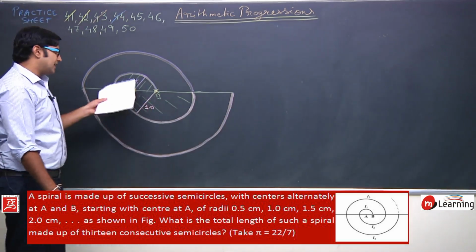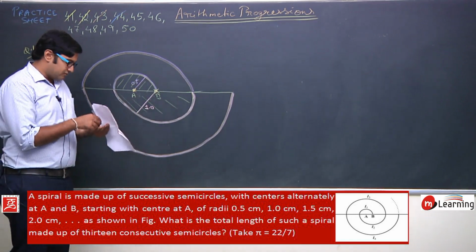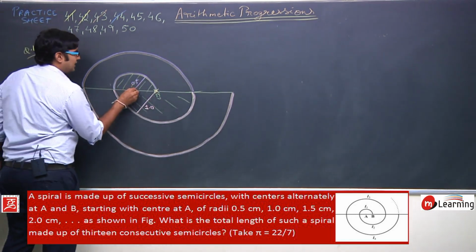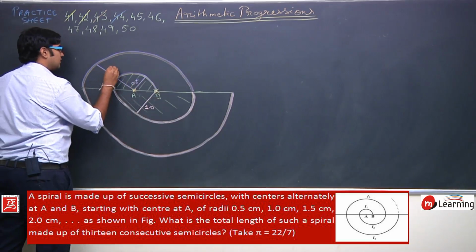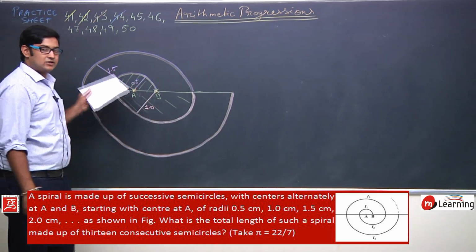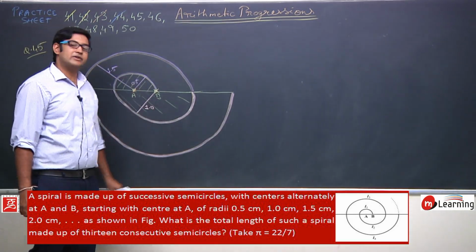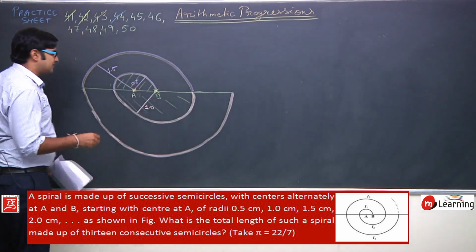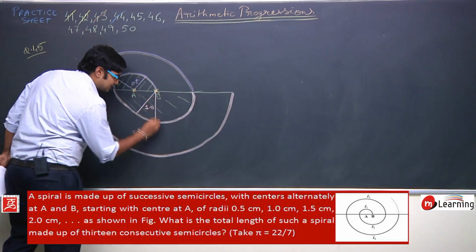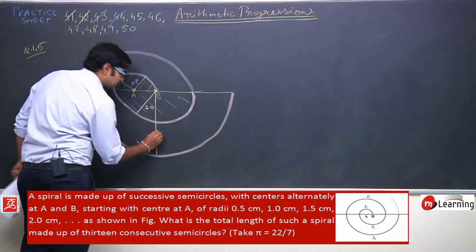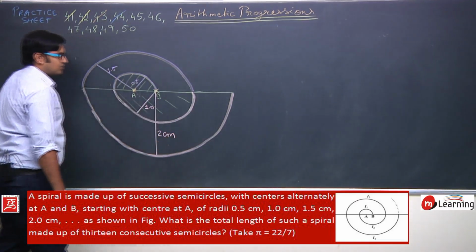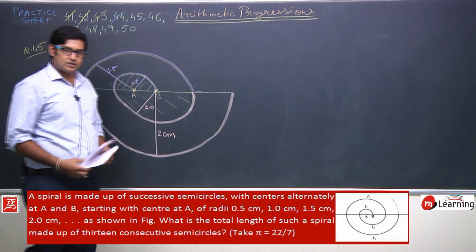Then after this again A as the center, and I have drawn one more semicircle, and the radius of this semicircle is 1.5. Then for the fourth semicircle, it will be drawn with B as the center, and the radius for this circle is 2 centimeters.